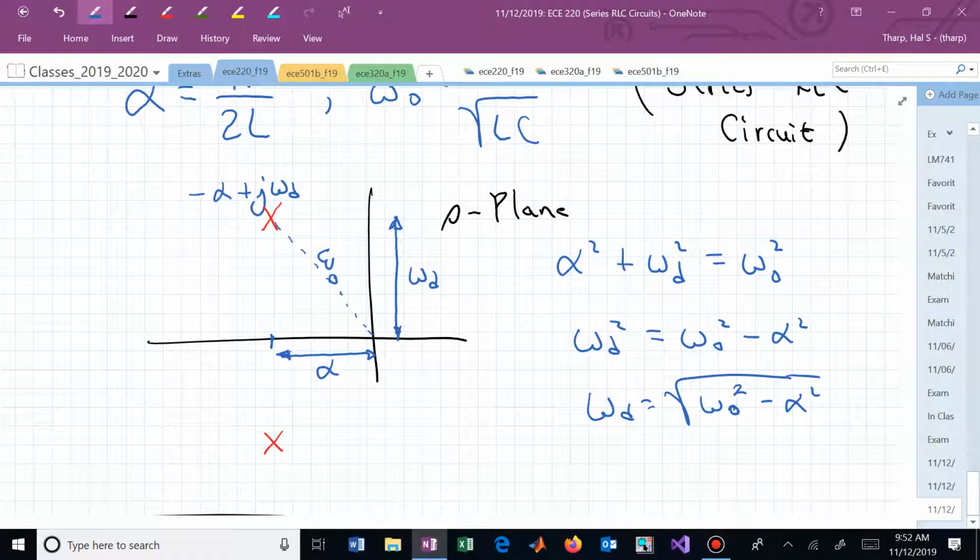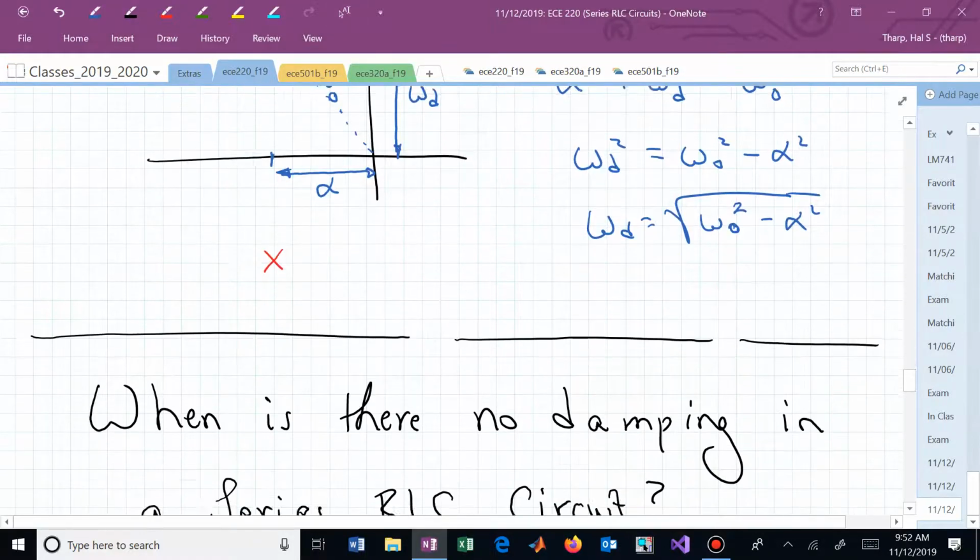It's going to the y-axis. It's going to the purely imaginary value. And that's when we have our tank circuit. We now have a true oscillator. We have no more damping to dissipate any energy. We're just sitting there oscillating at the natural frequency omega sub 0, which is 1 over the square root of LC.